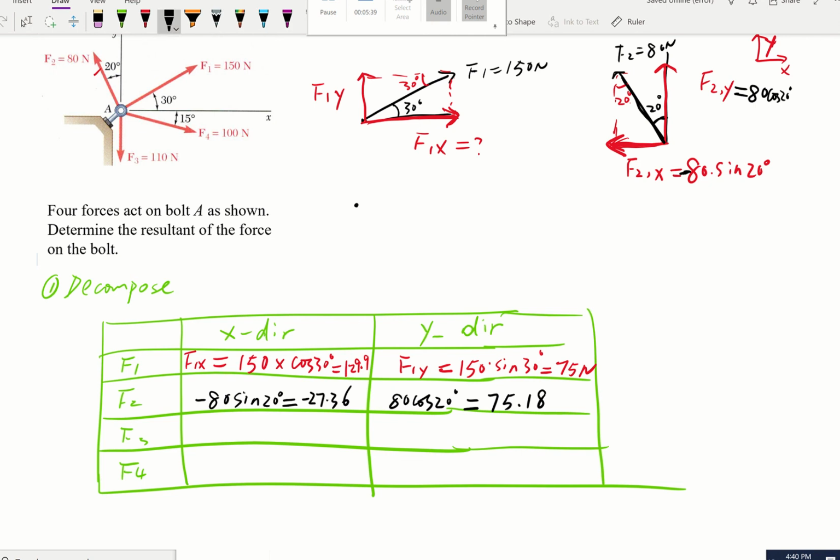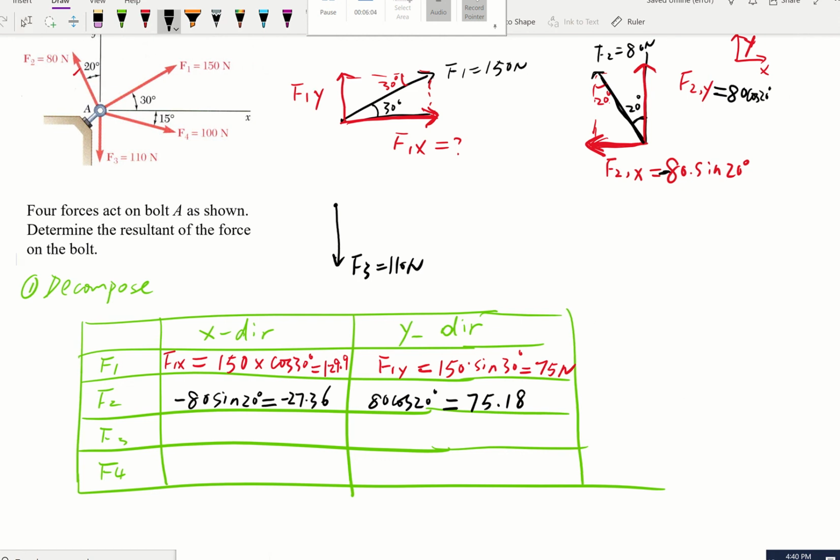F3 is a unique situation, because it is pointing straight downward in the y direction, negative y direction to be more precise. When you have a force that lies exactly on the x or y axis, what are the decomposed components? F3, what is the x component?